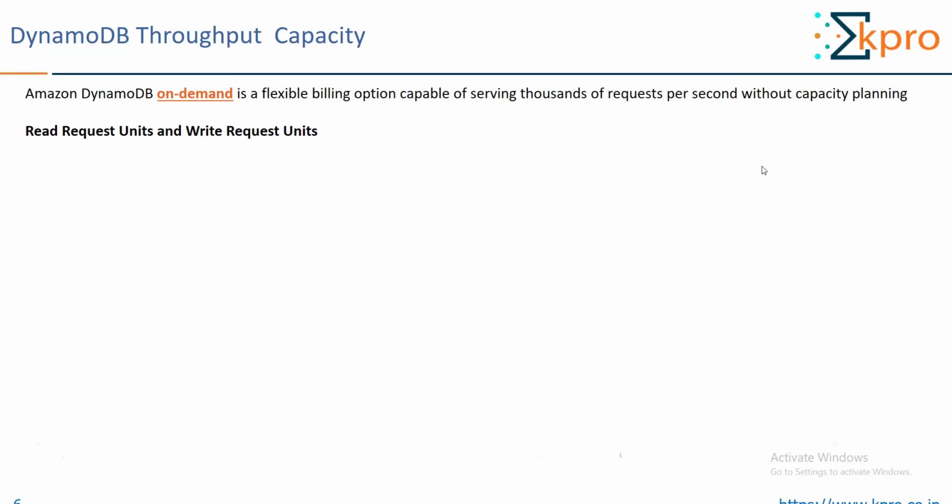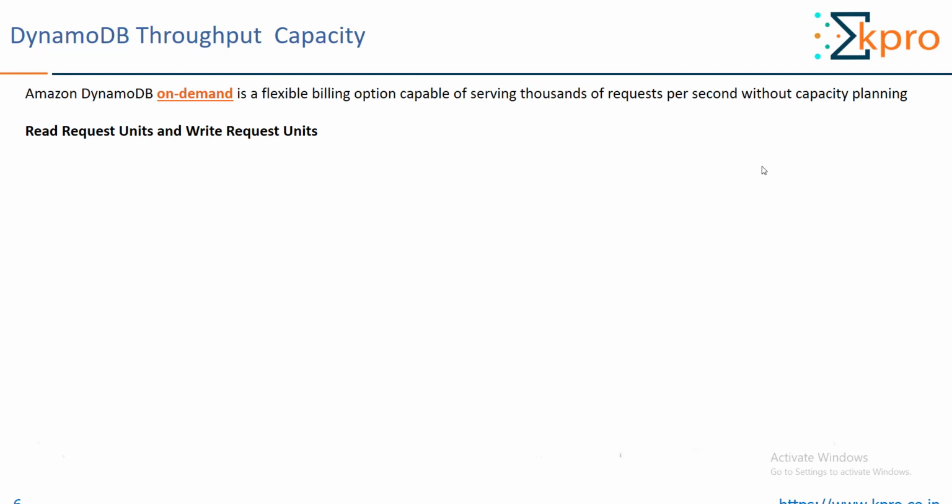So what exactly is the meaning of on-demand and provisioned? There is a term used in DynamoDB tables: what is a read request unit or a write request unit, or you can use another term, what is a read capacity unit or a write capacity unit.